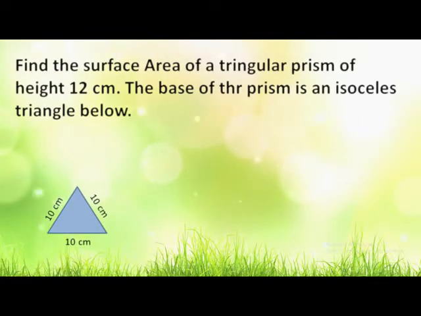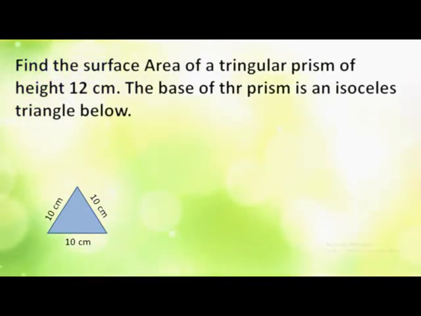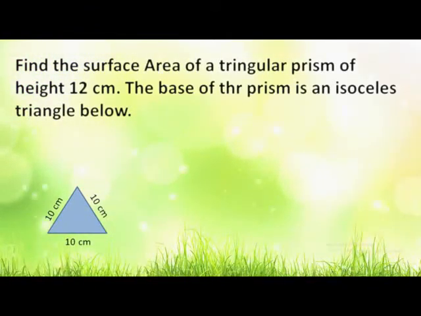Next example. Find the surface area of a triangular prism of height 12 centimeters. The base of the prism is an isosceles triangle below. So this is an isosceles triangle. It means each and every side of this triangle is equal. It's 10 centimeters. The height is 12 centimeters. We need to make a sketch. Like this is the height.